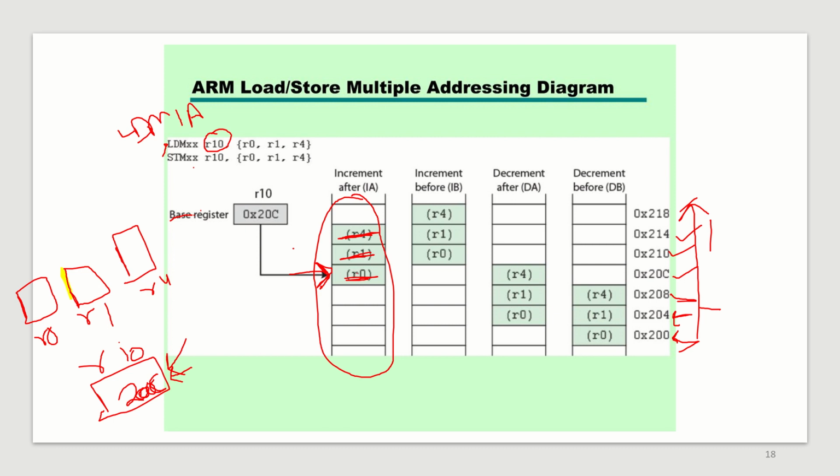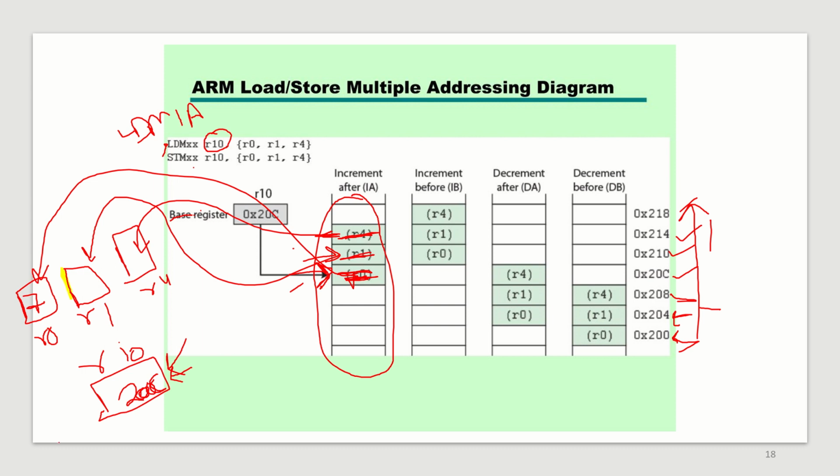So the value stored here, suppose here you are storing 7, this value is going to be loaded into R0. Then you increment, 20C plus 4 will be 210. That means this value is going to be loaded into R1 and you again plus 4. So this value is going to be loaded into R4. So this is LDMIA.